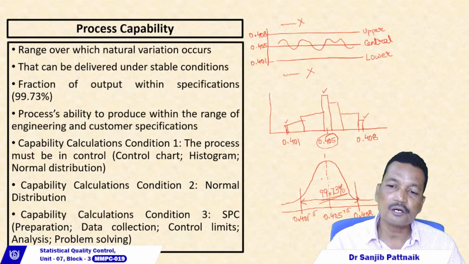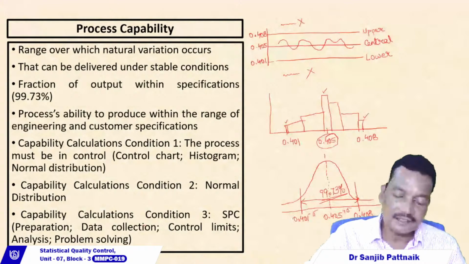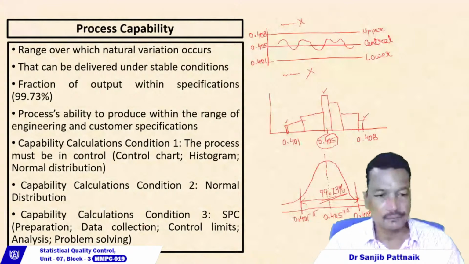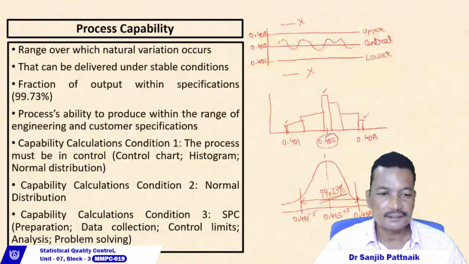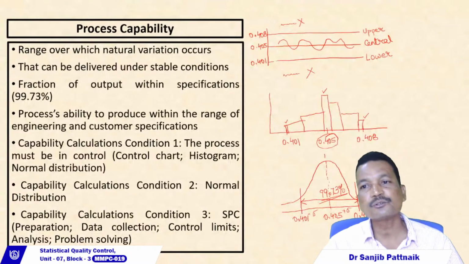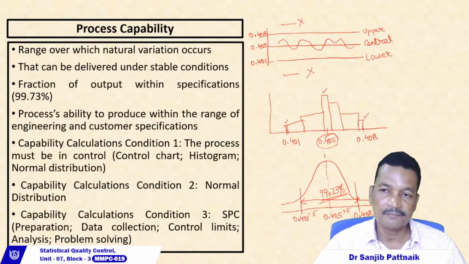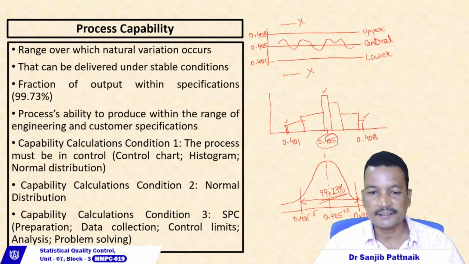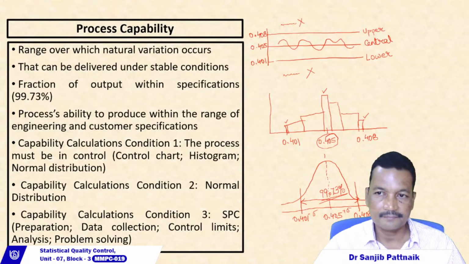Now the third condition is the statistical process control. How shall we carry out? Now first we should think where it should be applied. That means we should prepare the background. For what it should be prepared. Then we move on to collect the data on that particular aspect. Then we set the control limits.